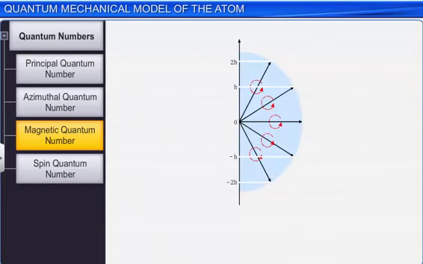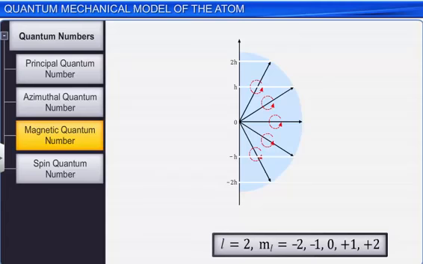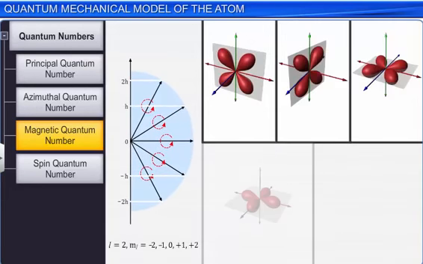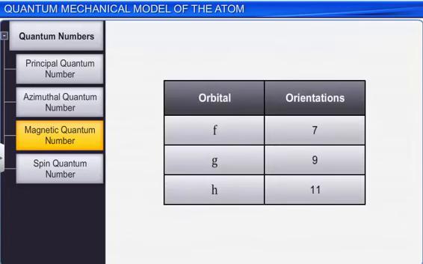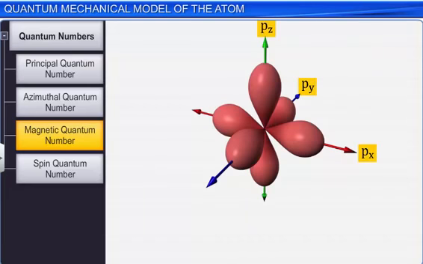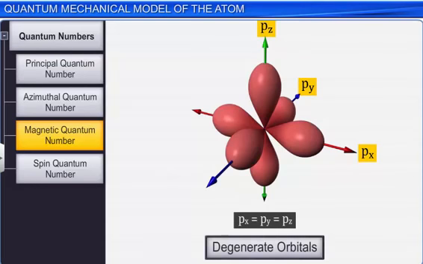Similarly, for l is equal to 2, d subshell has 5 preferred orientations and hence 5 orbitals. Using the same calculation, f, g and h subshells can have 7, 9 and 11 orbitals each. Note that all orbitals belonging to a subshell have the same energies and therefore are called degenerate orbitals.